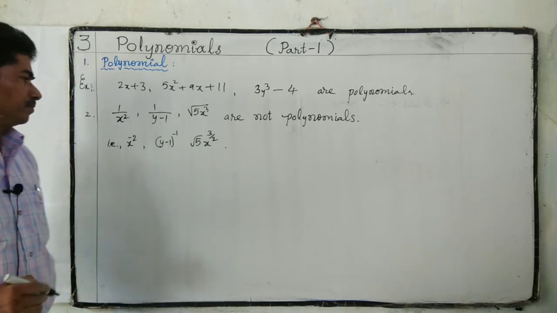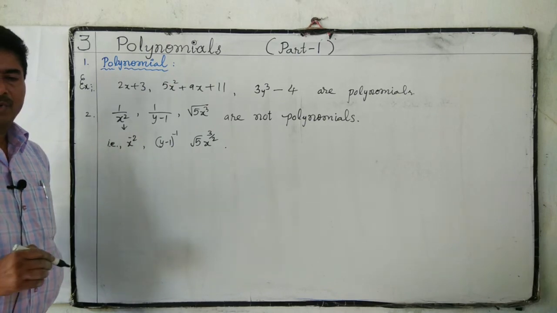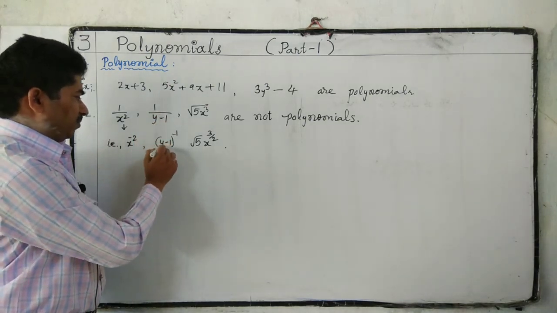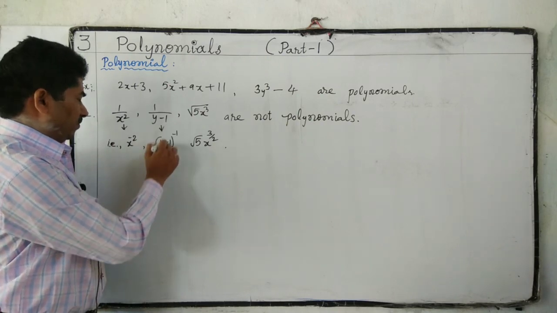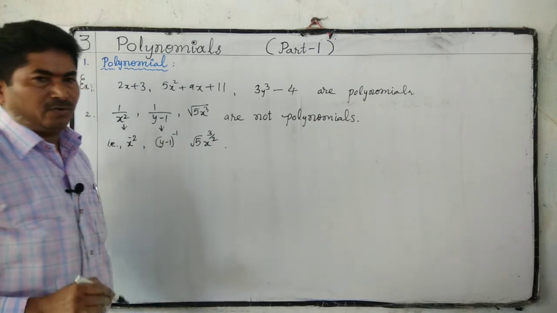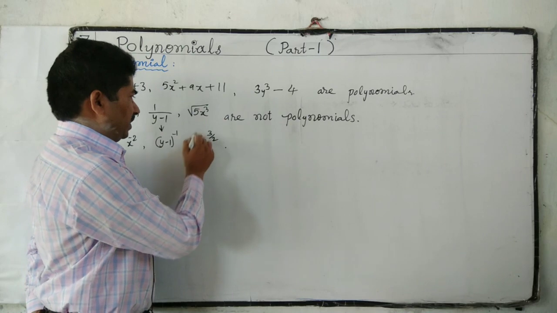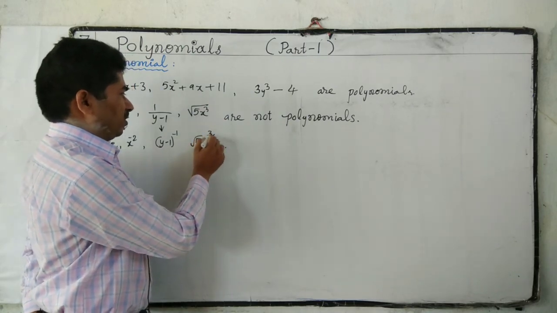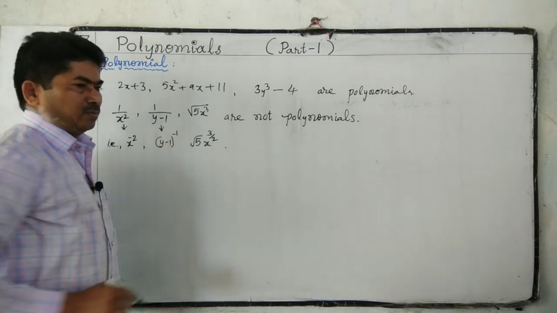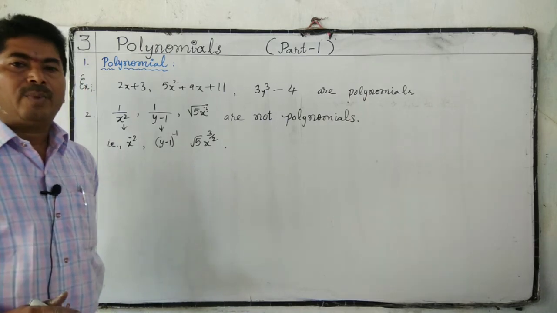That's why 1 by x square is x to the power of minus 2, negative integral power. 1 by y minus 1 means y minus 1 whole to the power of minus 1, so this is also negative integral power. Square root of 5x cube is equal to root 5 x to the power of 3 by 2. This is a fraction, 3 by 2. The power is a fraction. That's why these are not polynomials.